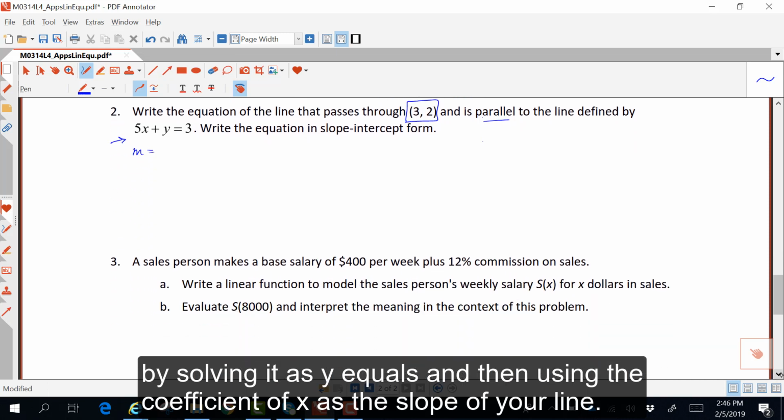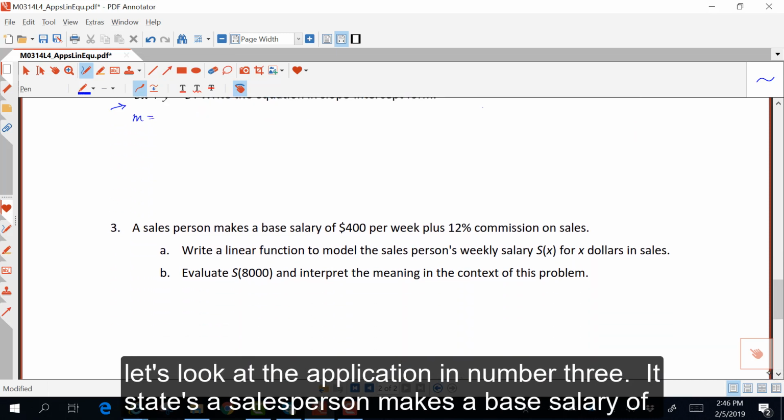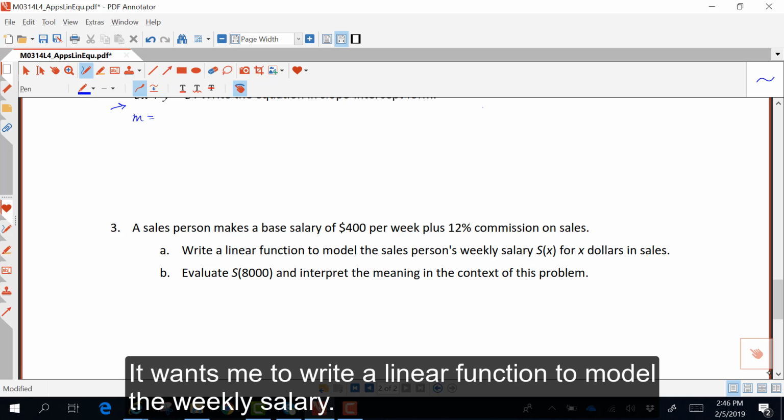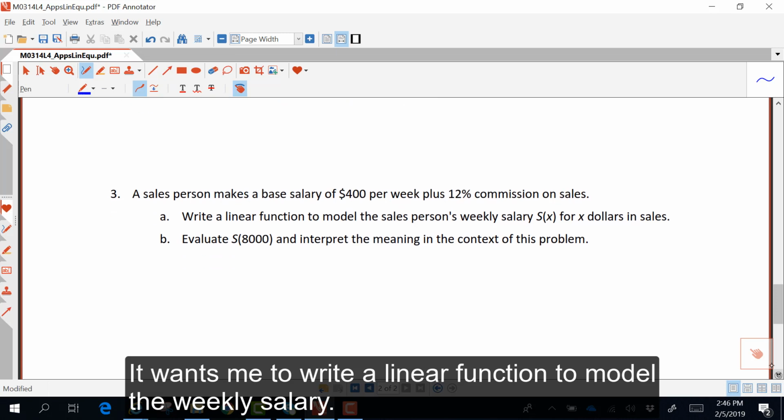Let's look at the application in number 3. It states a salesperson makes a base salary of $400 per week plus 12% commission on sales. It wants me to write a linear function to model the weekly salary.